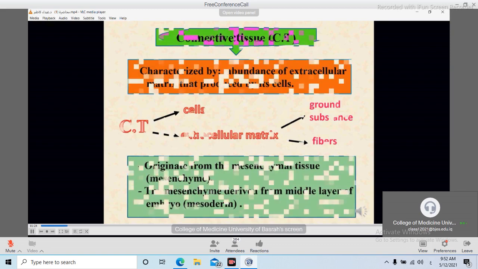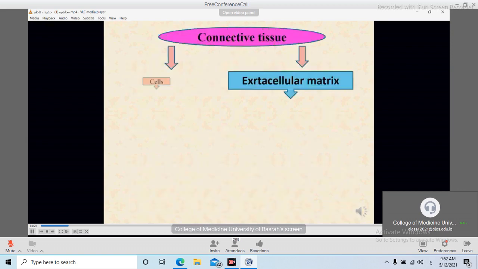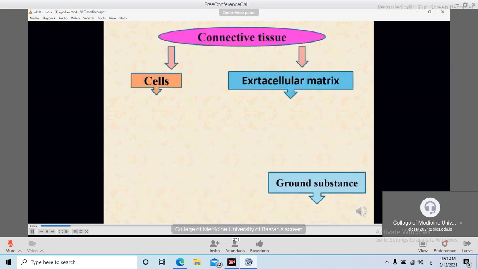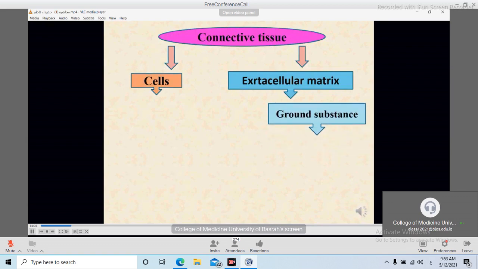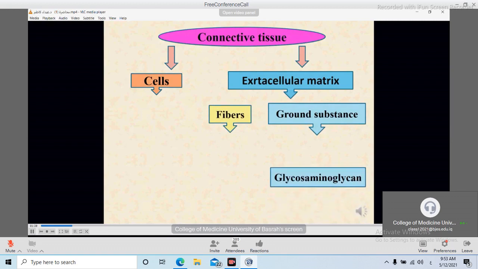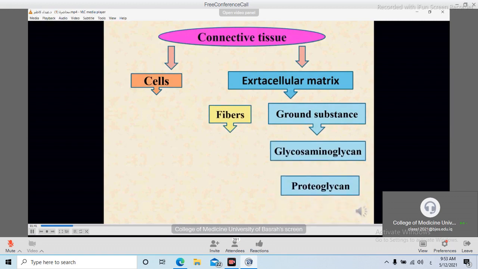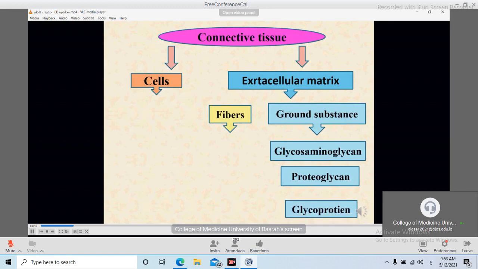Connective tissue is composed of extracellular matrix and cells. Extracellular matrix is composed of ground substance and fibers. There are different types of ground substance. These are glycosaminoglycan, proteoglycan, and glycoproteins.